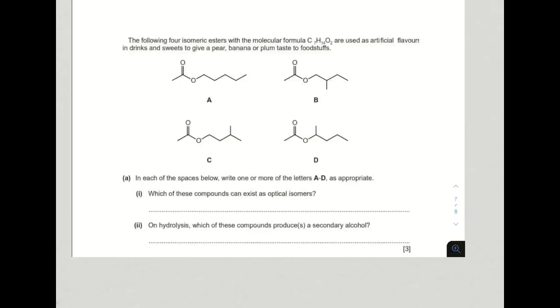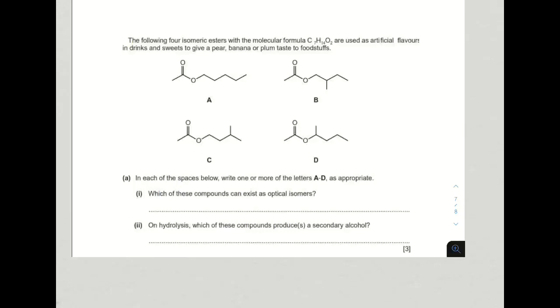In each of the spaces below, write one or more of the letters A to D as appropriate. They are asking which of the following compounds can exist as optical isomer. In order to exist as optical isomer, we need to make sure that they have a chiral center. A chiral center is any carbon that has 4 different groups attached to it.